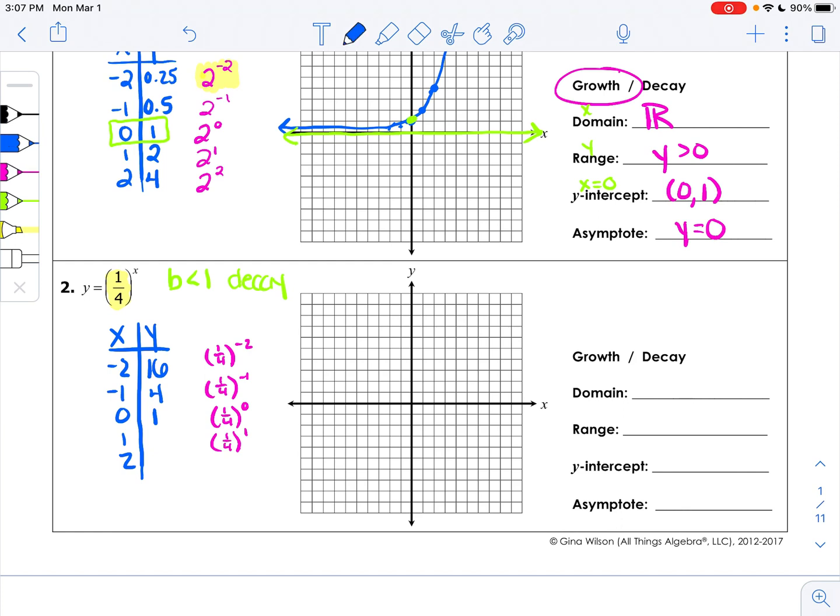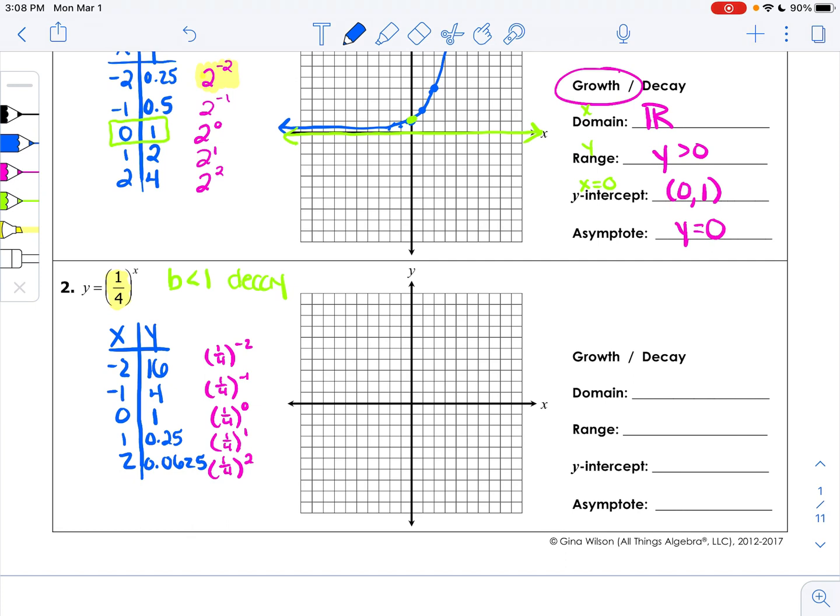We're going to write that as a decimal. So 1/4 is 0.25. Or you can put that in your calculator if you need to. And then 1/4 to the second power. So again, putting that in your calculator, you get a decimal, 0.0625.